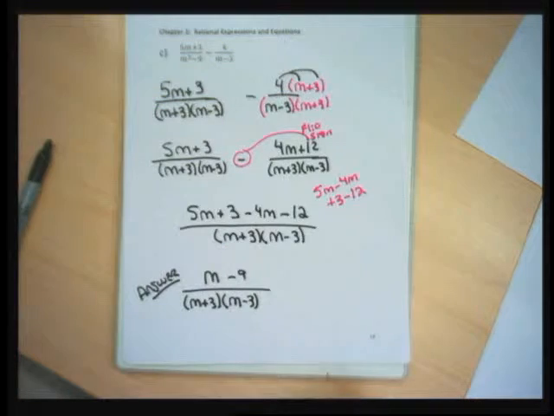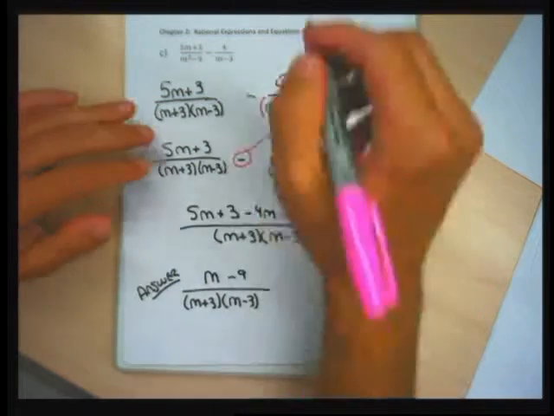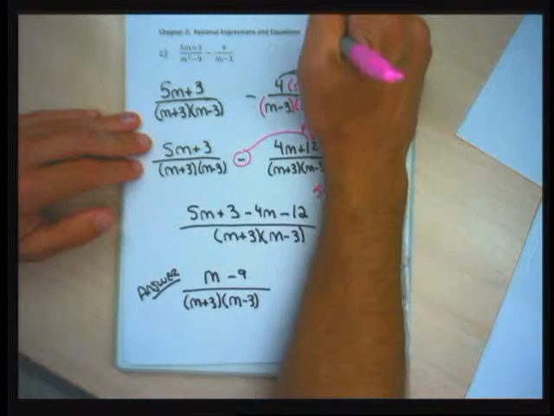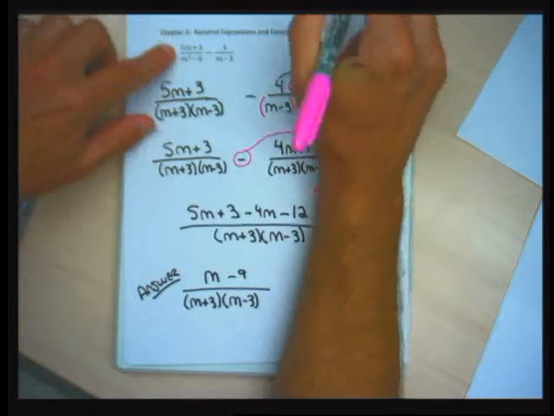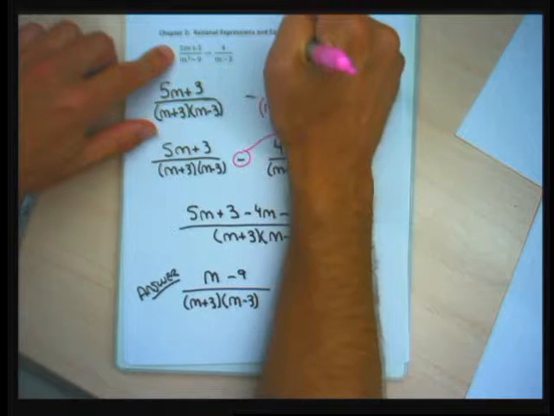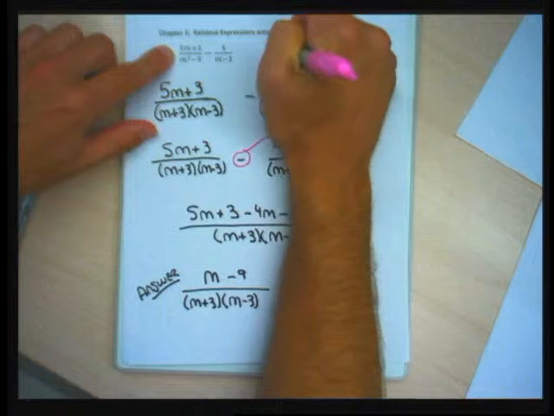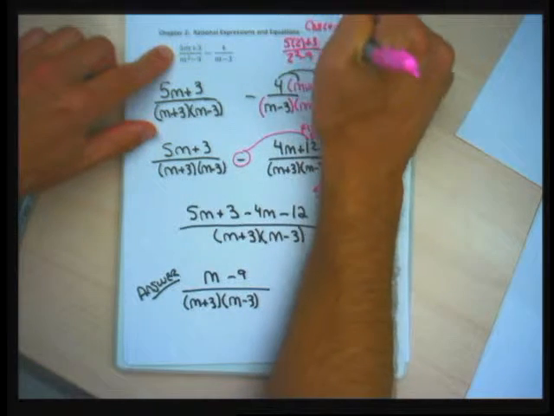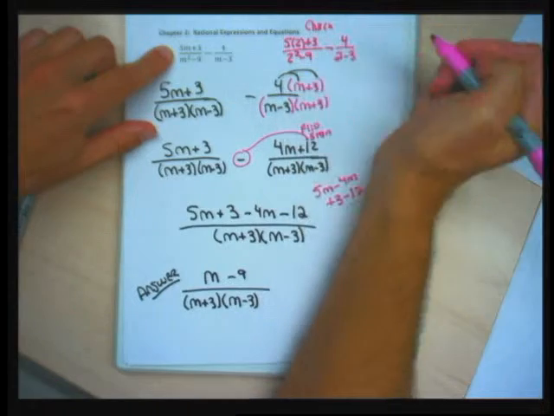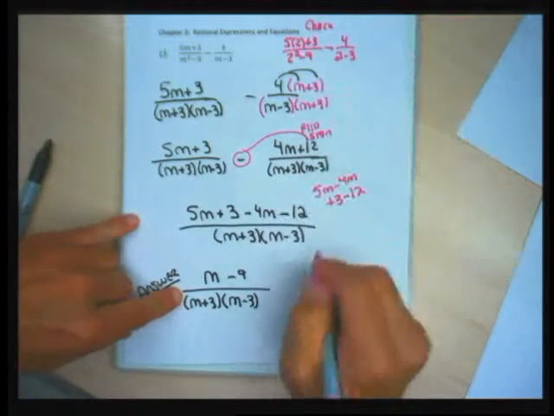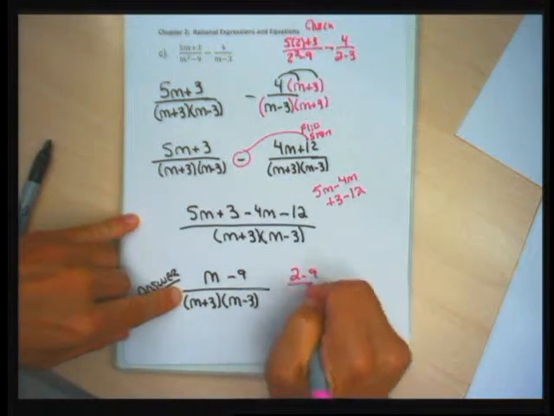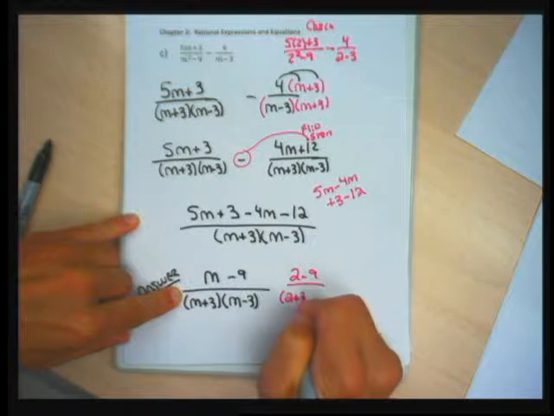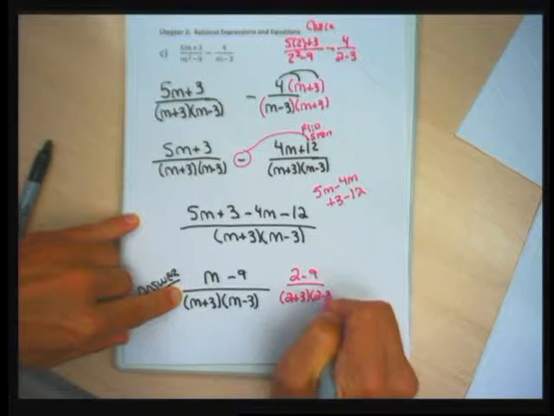Again, I'm going to plug 2 in just because it's an easy number for me to do. So I'm going to check. I'm going to let m equal 2. I'm going to go 5 times 2 plus 3 over 2 squared minus 9 minus 4 over 2 minus 3. And in my answer, I'm going to go 2 minus 9 over 2 plus 3 times 2 minus 3.